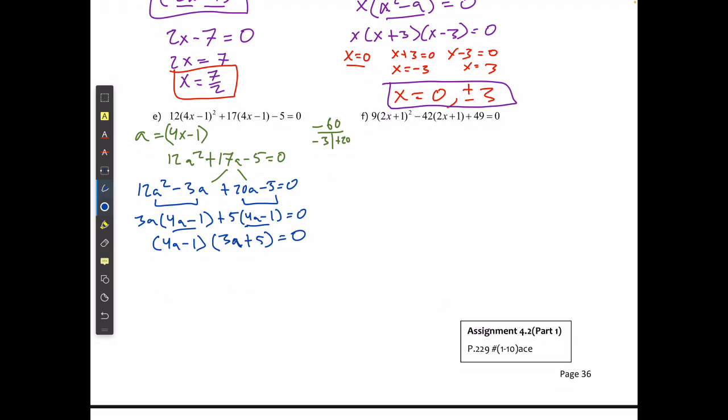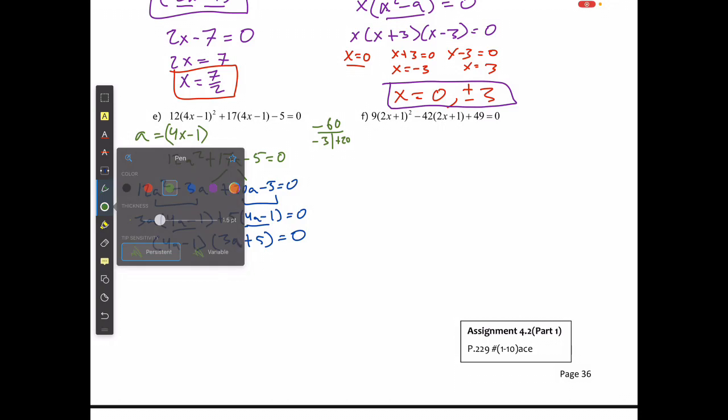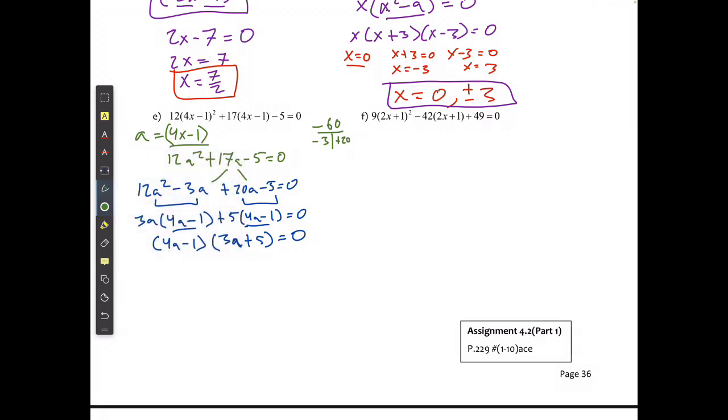Now that I have it factored down, I'm going to replace a again with what I said a was up at the top. I said a was 4x minus 1. So I'm going to say that I have 4 and replace a with 4x minus 1 and 3 bracket 4x minus 1 plus 5 are equal to 0.